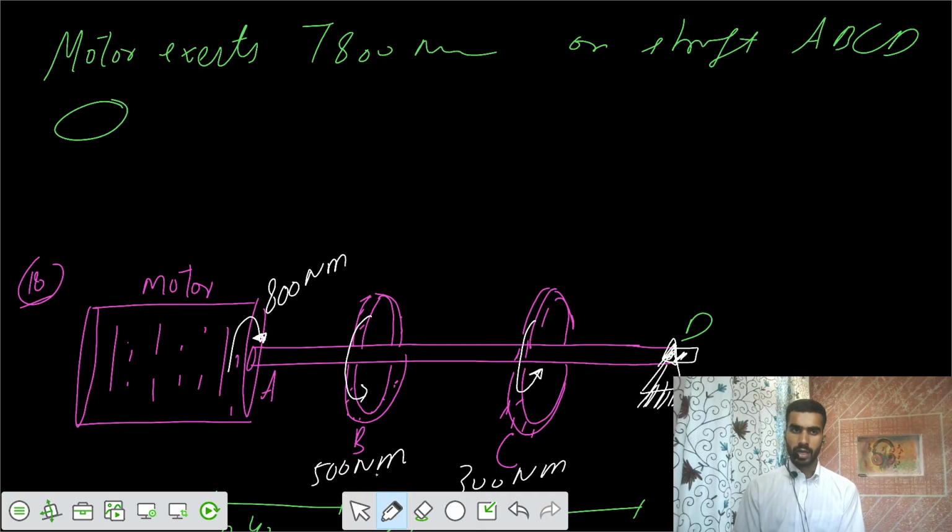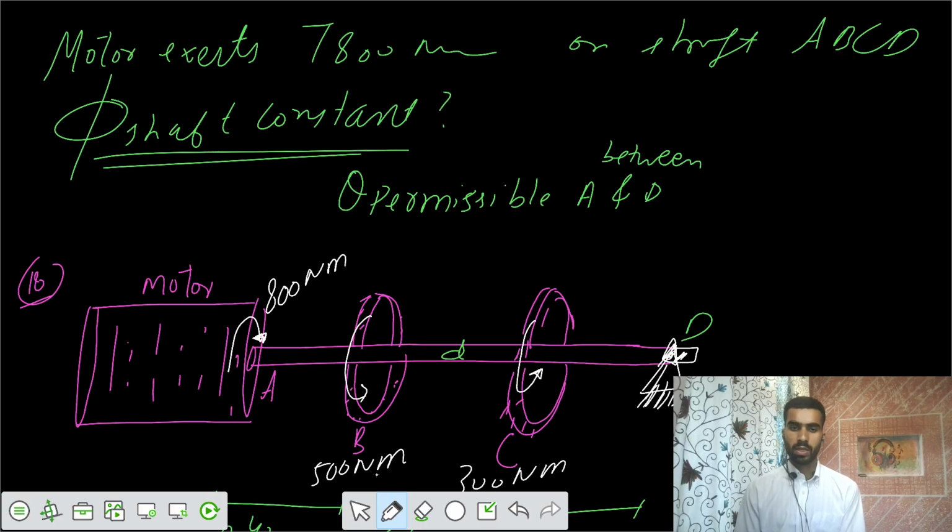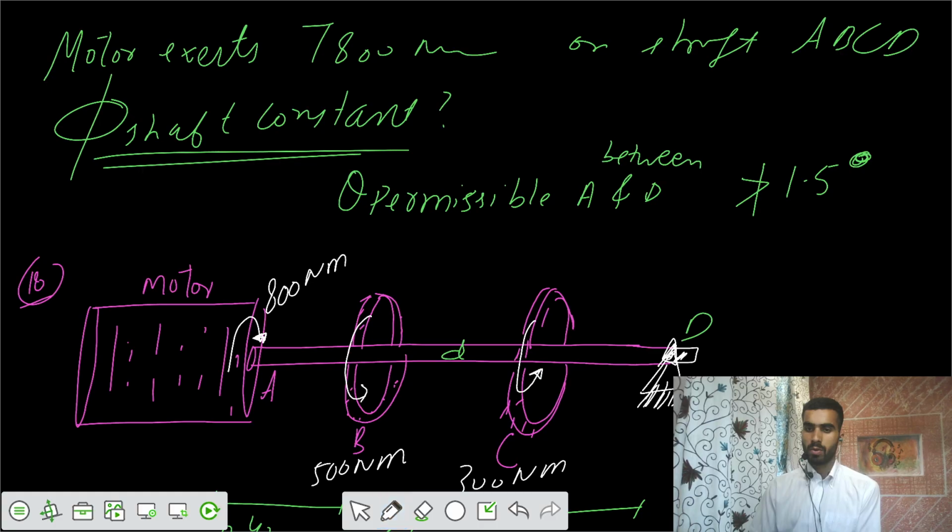The diameter of the shaft is constant, but we don't know the value of D. You have one more thing given: the permissible angle of twist between A and D, the total theta for the entire shaft, should be less than 1.5 degrees. That means it should not be greater than 1.5 degrees.